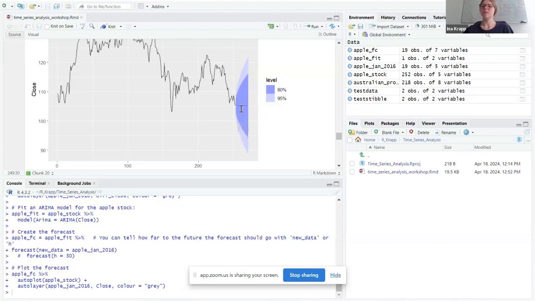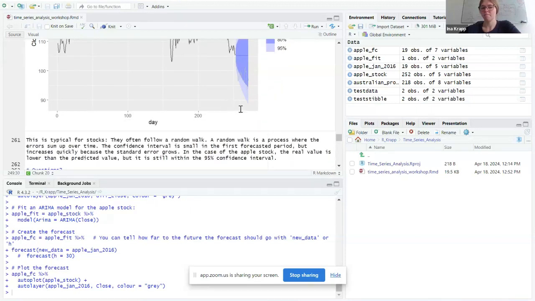For the third day, you have the uncertainty from the first day plus the uncertainty from the second day plus the uncertainty from the third day. So these uncertainties pile up. And this is why the forecast is getting more and more uncertain the further we look into the future. And this is what causes this confidence interval to spread out like we see it here.